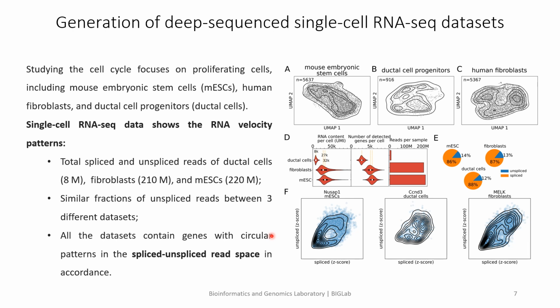The researchers expect that the cycling genes will be characterized by a fully circular pattern as they complete both the activation and deactivation phases. Overall, these datasets constitute a unique opportunity to study gene regulation throughout the cell cycle in different mouse and human cell types.